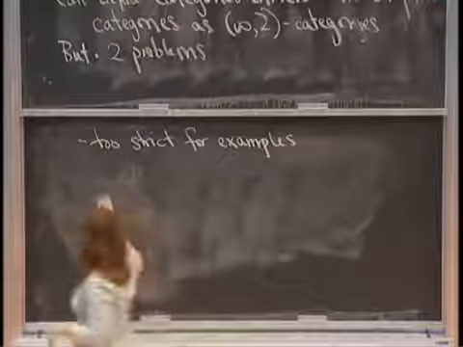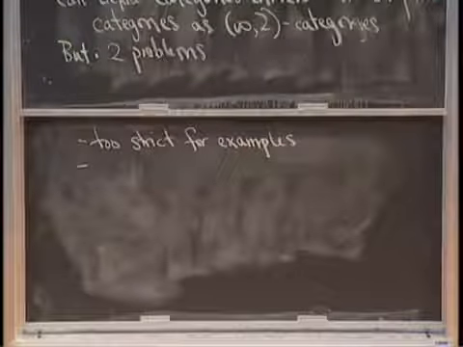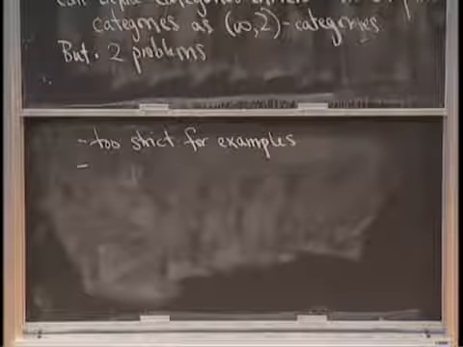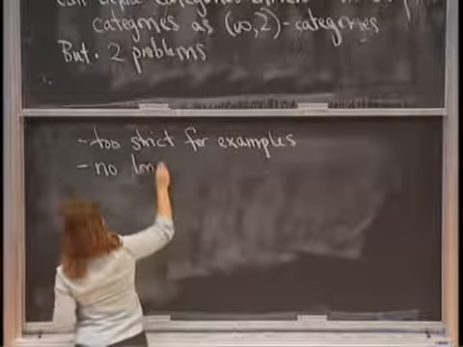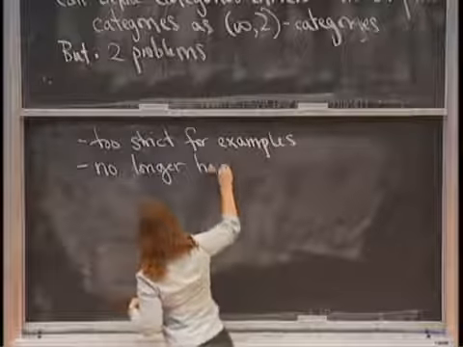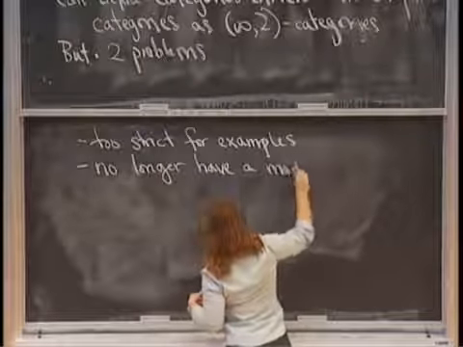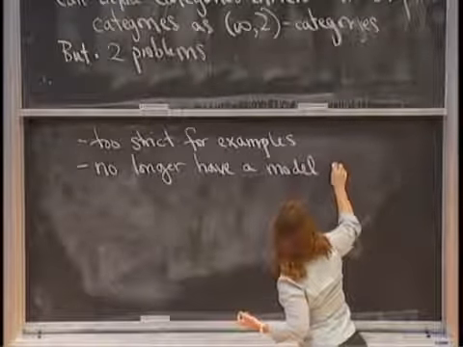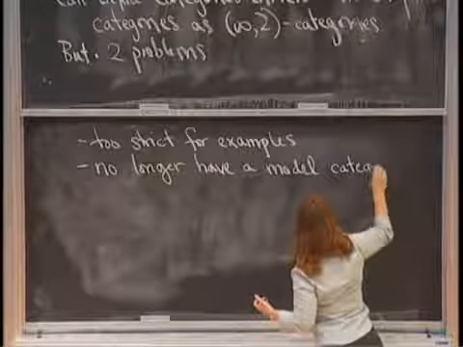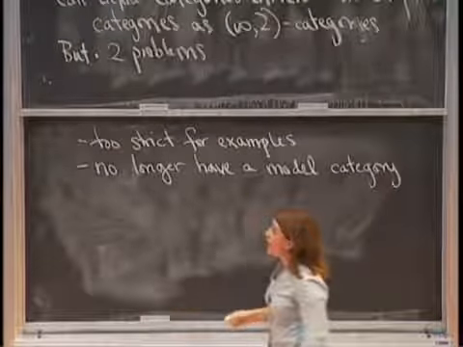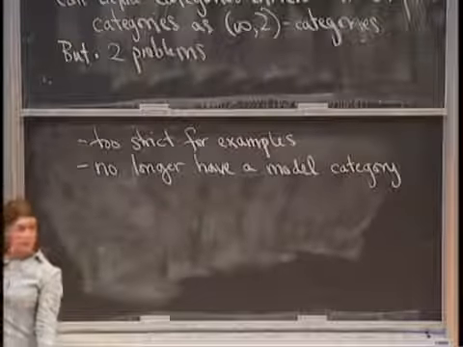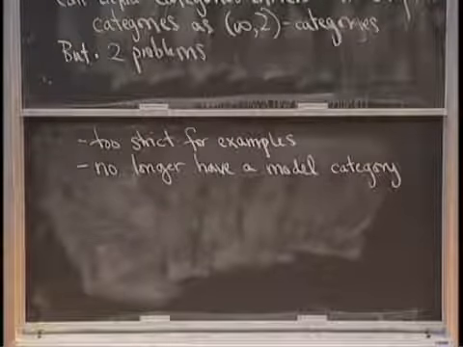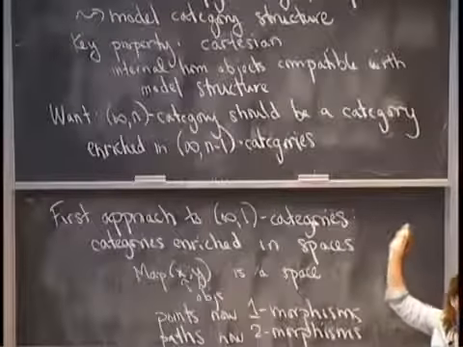And the second reason is that we no longer have a nice way to do homotopy theory. And that we no longer have a model structure. Well, why not? What went wrong? Well, I remind you we had this really nice property on the category of simplicial sets or topological spaces, that this model structure was Cartesian.